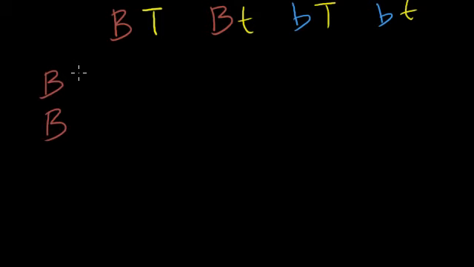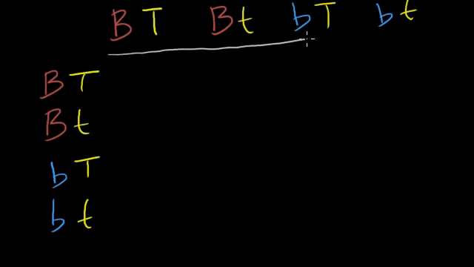So the dad could contribute the big teeth or the little teeth along with the brown eye gene, or he could contribute the blue eyed allele in combination with the big teeth or the little teeth. So these are all the different combinations that can occur for their offspring.